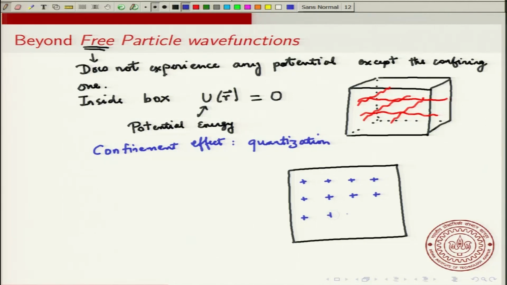What you would like to take into account is that because of this lattice, there are two effects due to the lattice. The first thing is that the electrons are not free anymore. You had electrons moving freely, now they do not move freely.